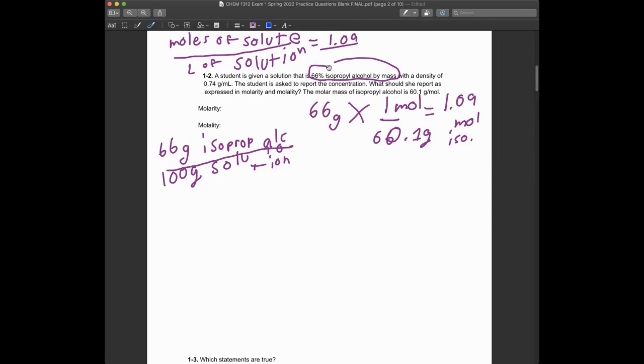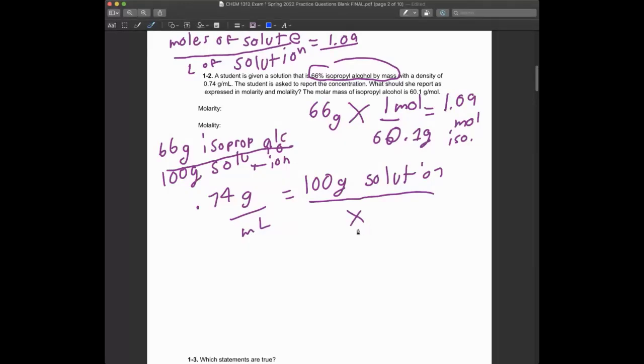Okay. Well, if you look at the density, not the molarity, the density, you get 0.74 grams per ml is equal to 100 grams of solution, because it's 100 grams of solution, over X. And X in this case is going to be milliliters of solution. I'll give you all a second to do that math.